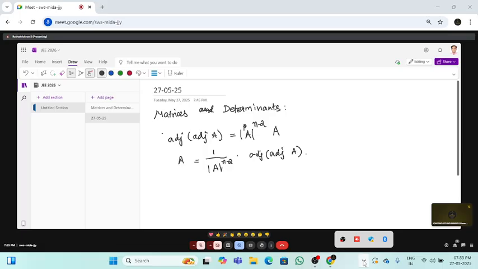Otherwise, knowing those properties doesn't help you. They should help you in solving problems, right? You should identify in what situation, what formula, what property is relevant. So how do we determine the determinant of A from adj A?